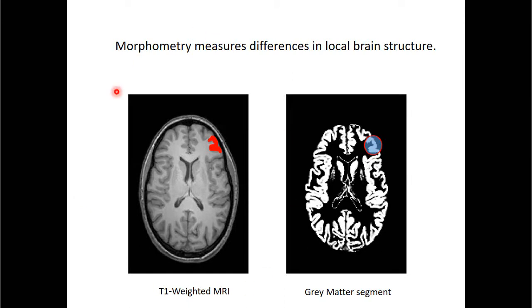This is a T1 weighted MRI image. Typically it takes 10 to 15 minutes to acquire it, and it allows you to see quite a clear separation between cerebrospinal fluid, which is dark, gray matter, which is gray, and white matter, which is light gray, and other extracerebral structures.